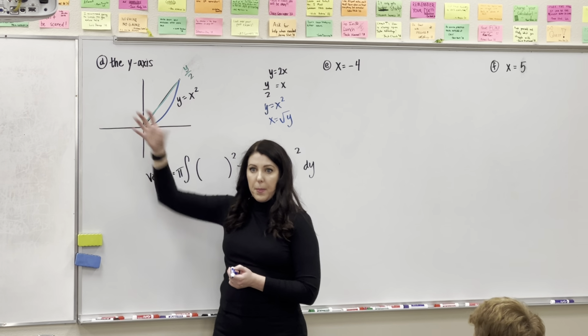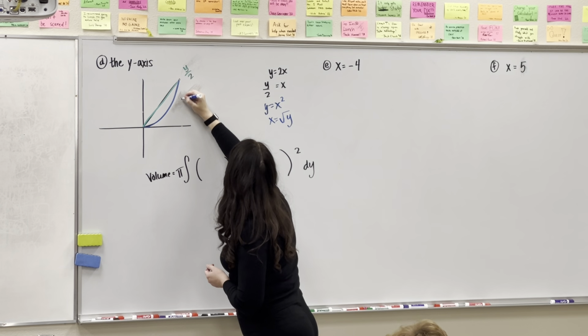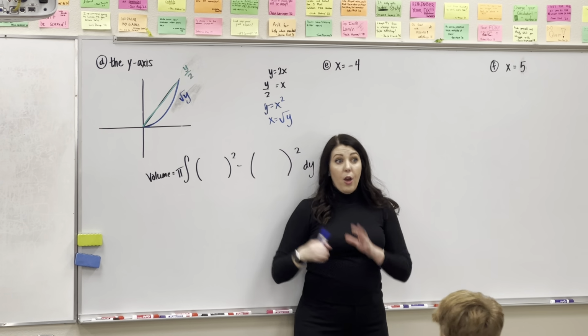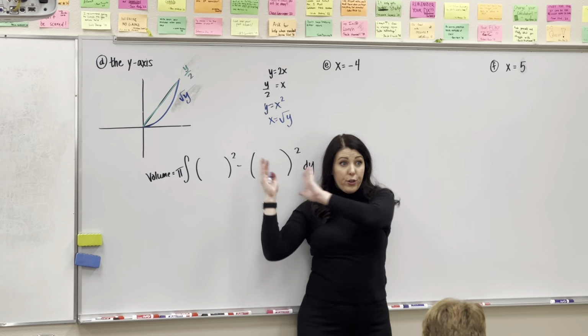But our x is positive over here, so that's why we just get x equals the positive square root of y. Does that make sense so far? I would not keep these labeled as x squared or 2x. I would call it square root of y and y over 2. For these, we're going to be using those two equations because we're revolving it this way. Does that make sense to everybody?